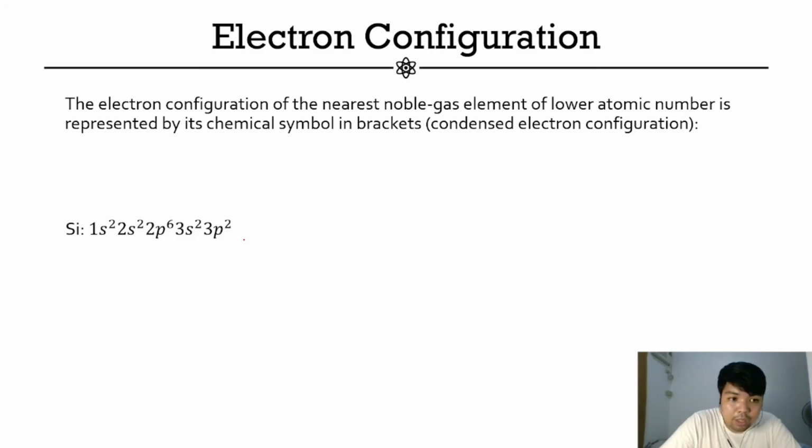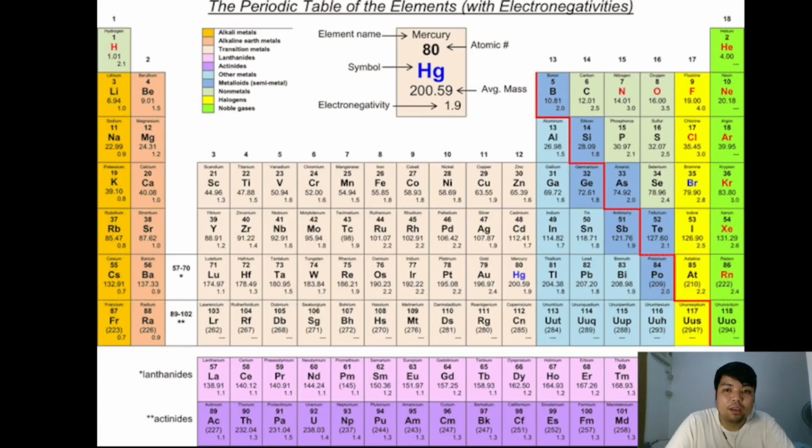Now if you notice, this part here is also the electron configuration of neon. If we go back to our trusty periodic table, silicon here is preceded by neon.